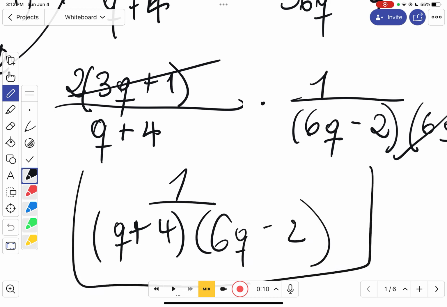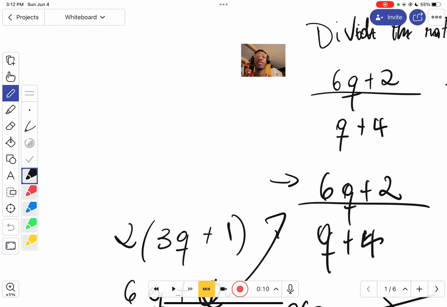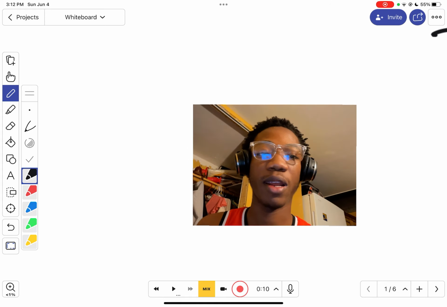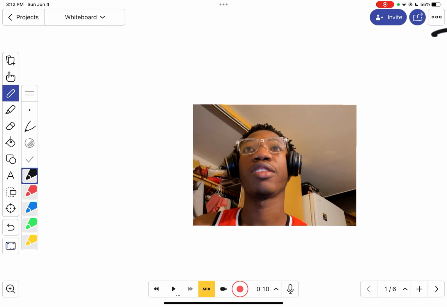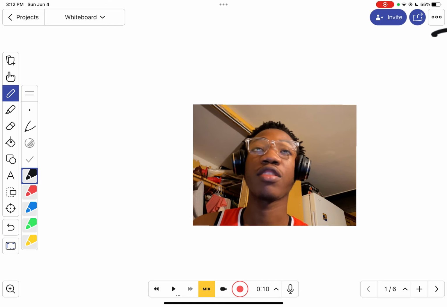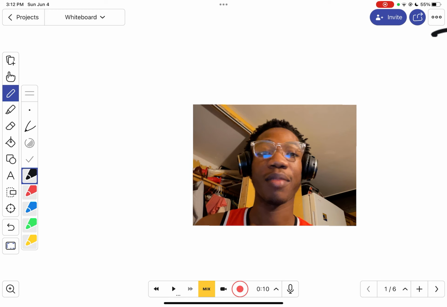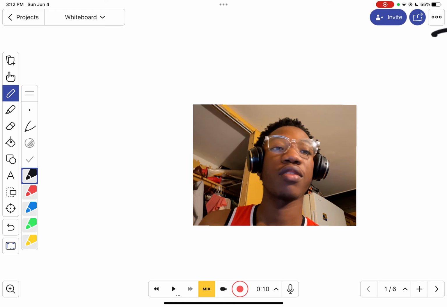This is going to be our final answer after factoring the rational expression: 1 over q plus 4 times 6q minus 2. I hope it was simple for you and you were able to understand what I did. But if you didn't, please go back to the lecture notes and reread them, because it's going to be really important on the test. I'll see you in the next one.